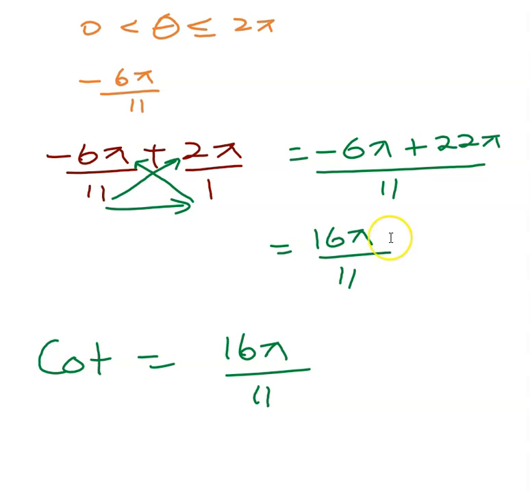Just as a recap, the coterminal of your angle is derived by adding or subtracting 360 from the angle given in degrees, or by adding or subtracting 2 pi from the angle given in radians.